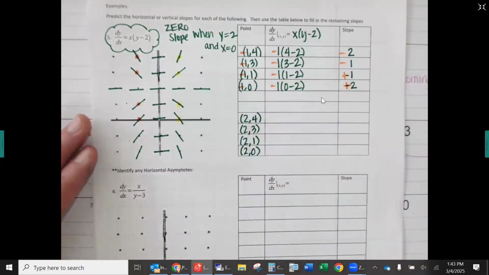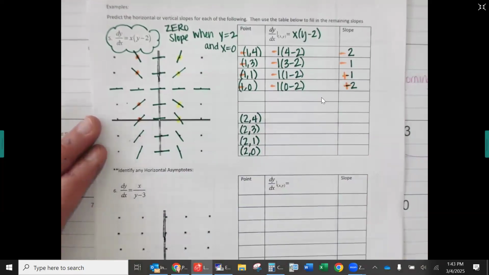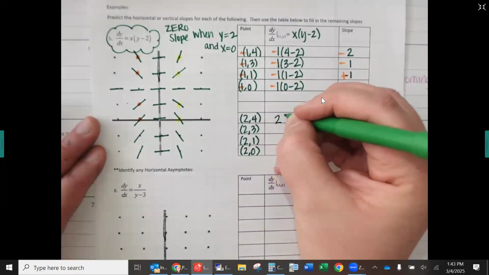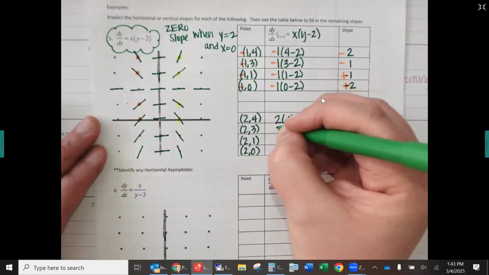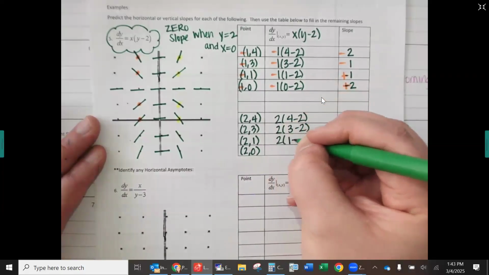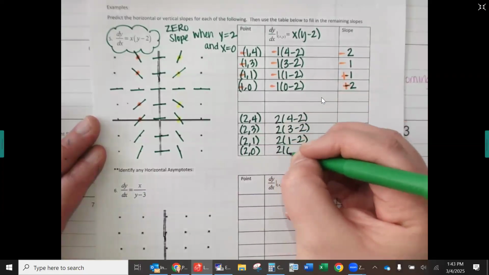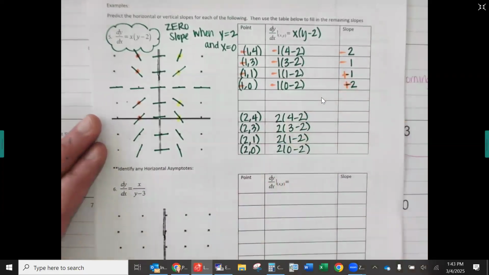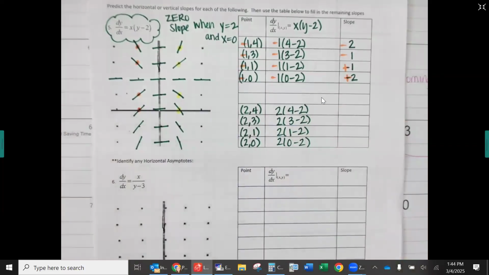My equation is going to be x times y minus 2. So it's 2 times 4 minus 2, 2 times 3 minus 2, 2 times 1 minus 2, 2 times 0 minus 2. Then go ahead and calculate each of those slopes.